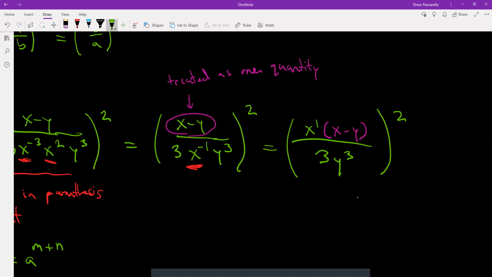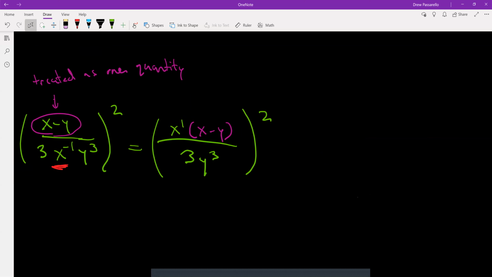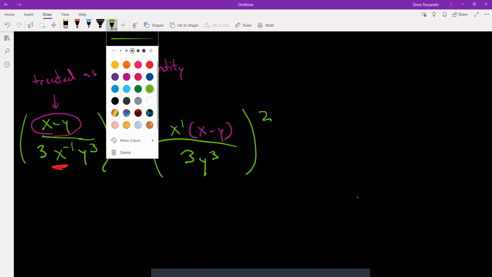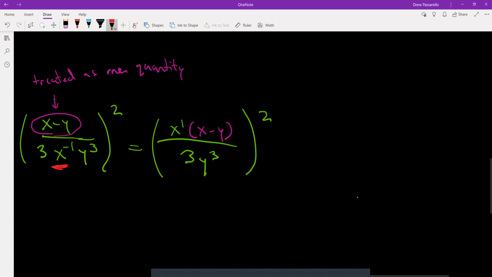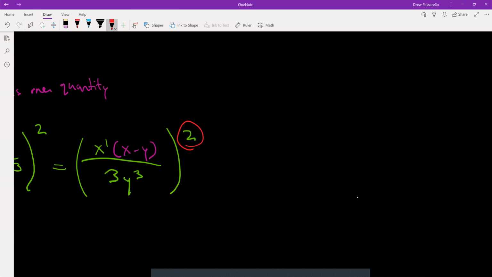All right, now I'm going to worry about this exponent 2. So what I do, instead of distributing this x, I try to take care of this first. And then I just distribute the exponent 2 to all components inside. So it's going to be applied to the x minus y. Remember, that's one thing. And then the x to the first power, that's another thing. And then I distribute it to the y cubed. And then I also distribute the exponent 2 to the 3.